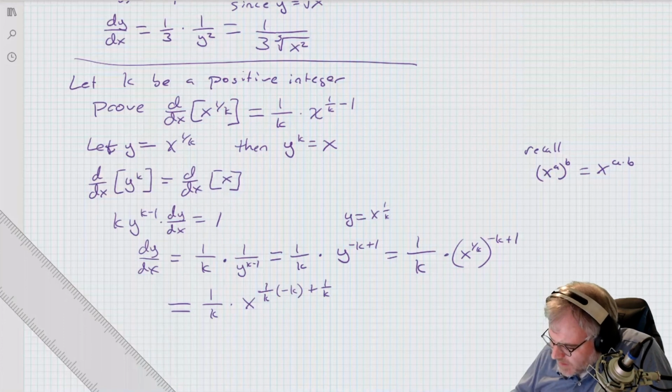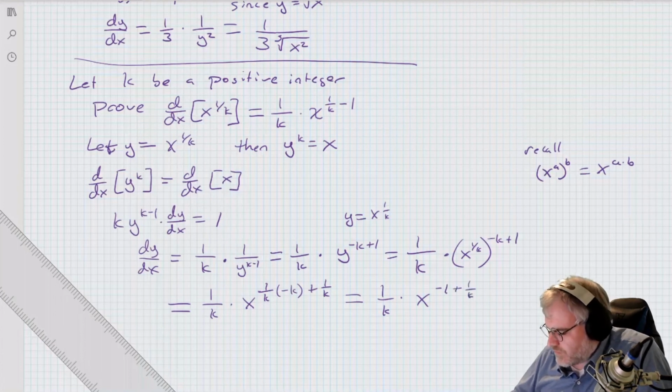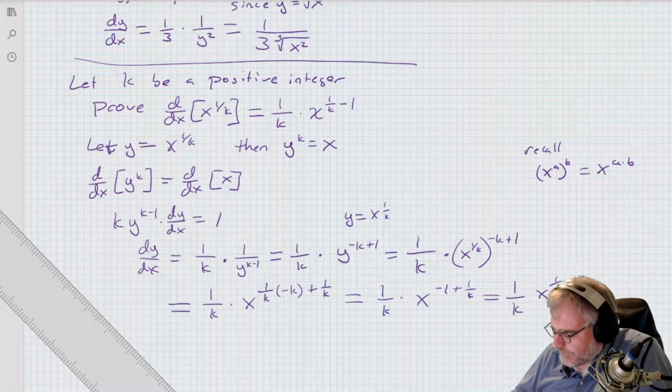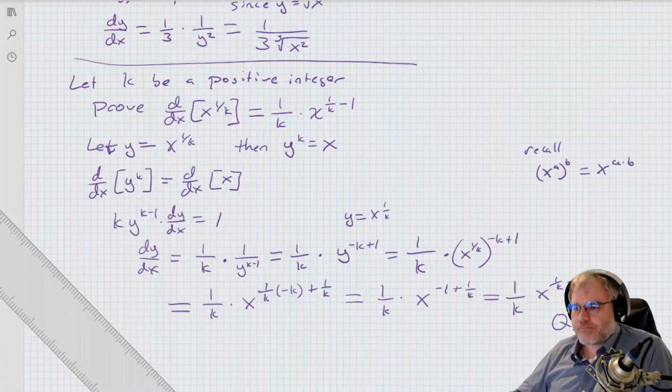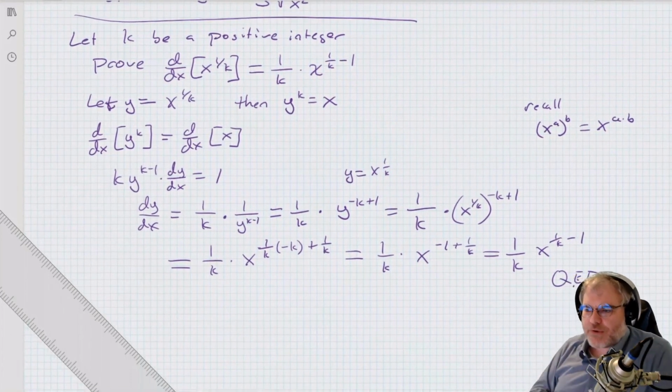Well, that's nice, because then the k's cancel, and I wind up with 1 over k times x to the -1 plus 1 over k. And of course, since I can just switch that around, it's 1 over k, x to the 1 over k minus 1. How do we feel about that proof, 1 to 5?